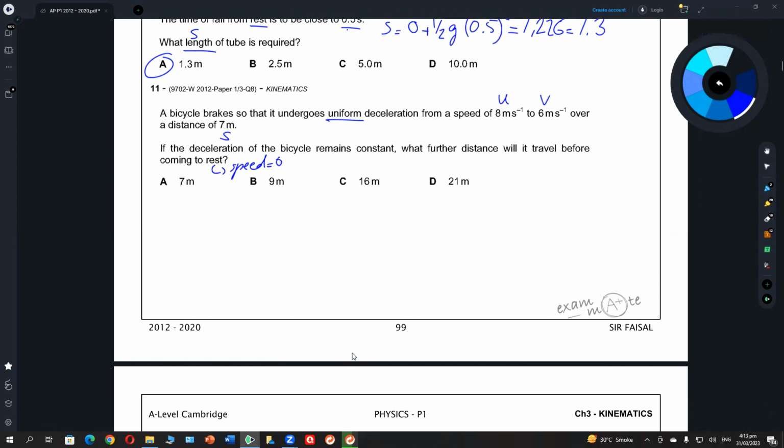Now, we can first try to find the acceleration, which he says is constant. But we don't have the s. We'll take s as 7 for this acceleration, because acceleration won't change.